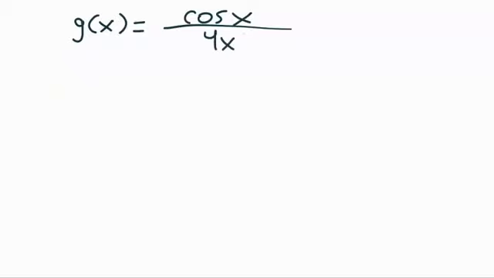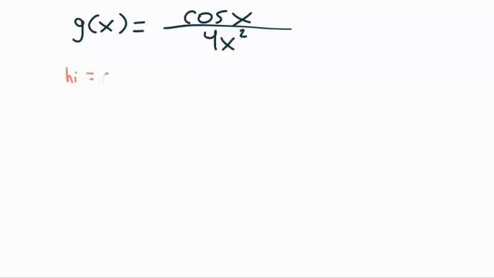All right, let's try a function that's going to need quotient rule. So we have our high and our low, right? The top and the bottom, and it happens to have a trig function in it, but just like normal, we should write down f and g, or high and low.